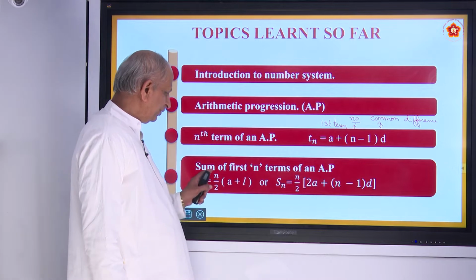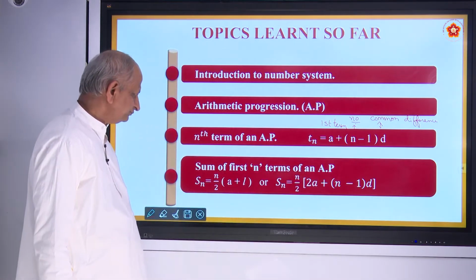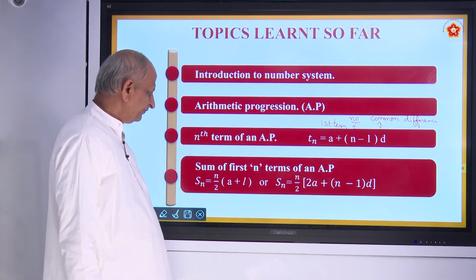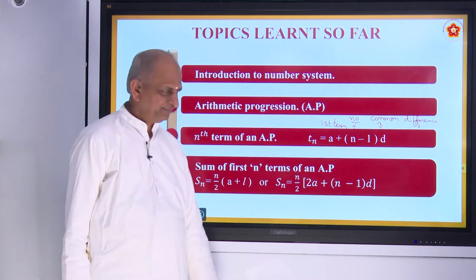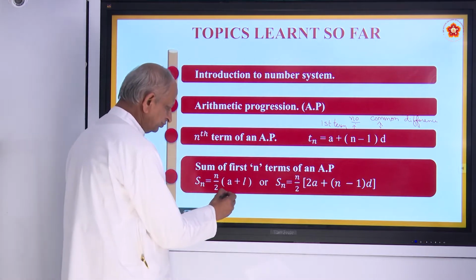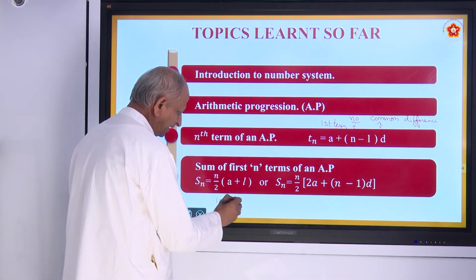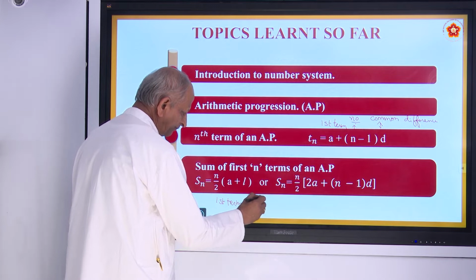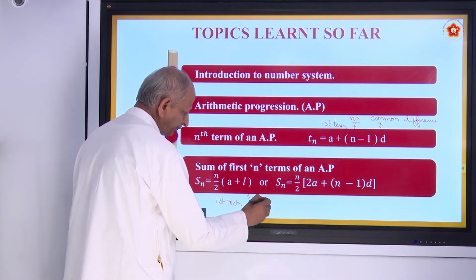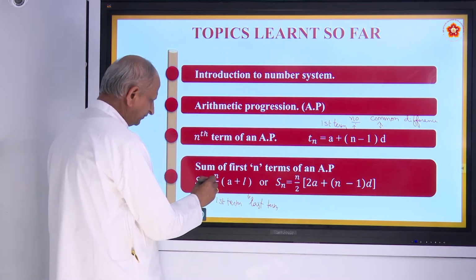Also, we have studied the sum of the first n terms of an AP. If they are given in a series form, Sn equals n by 2 into A plus L. What is A? A is called the first term. What is L? L is called the last term. What is n? n is called the number of terms.